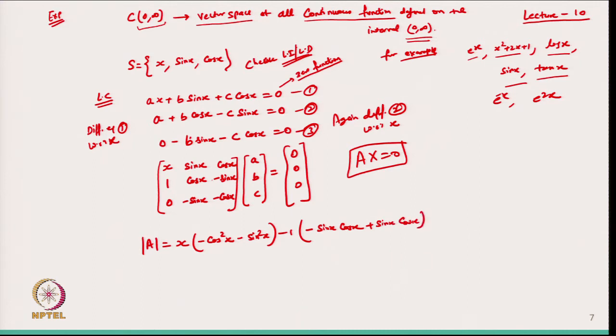So, that is my determinant, and this is cancelled. So, from here I can get this value minus x, and it will be sin square x plus cos square x, and that is 1. So, from here I will get the value minus x. Now, the determinant of this is minus x.